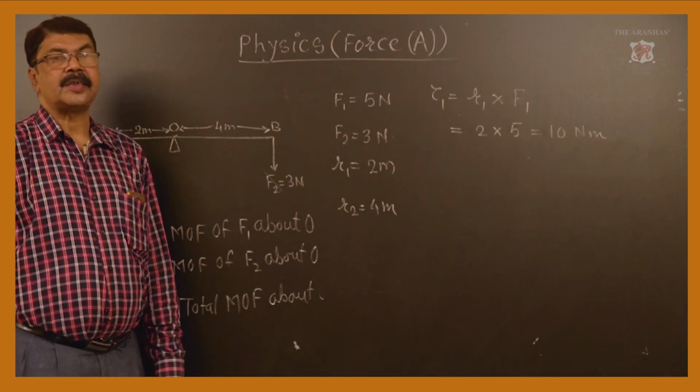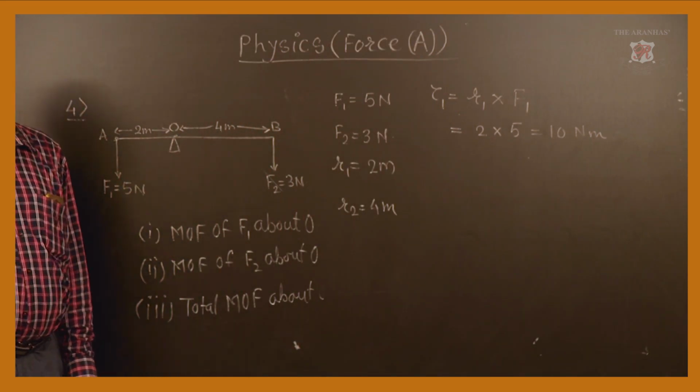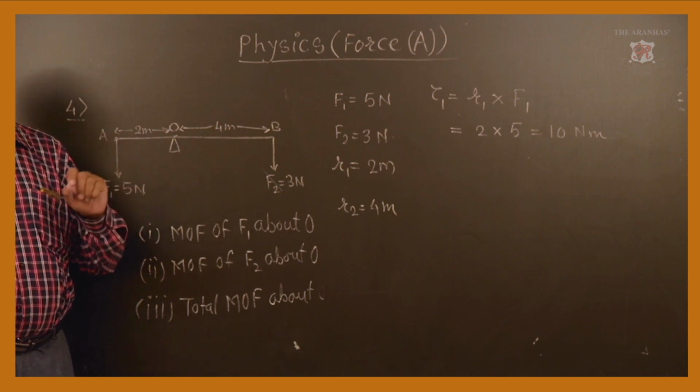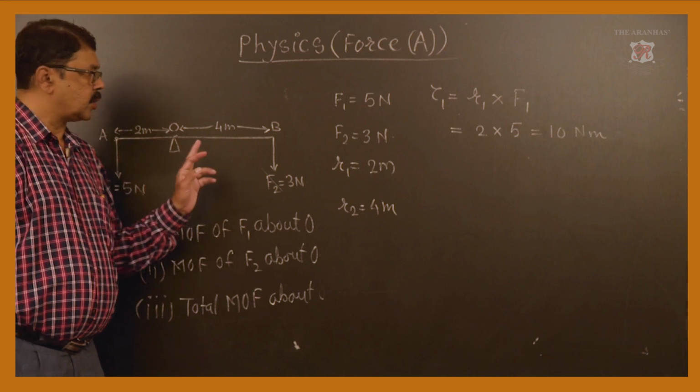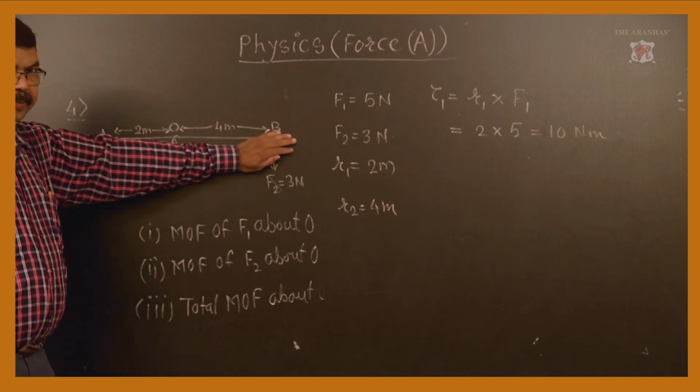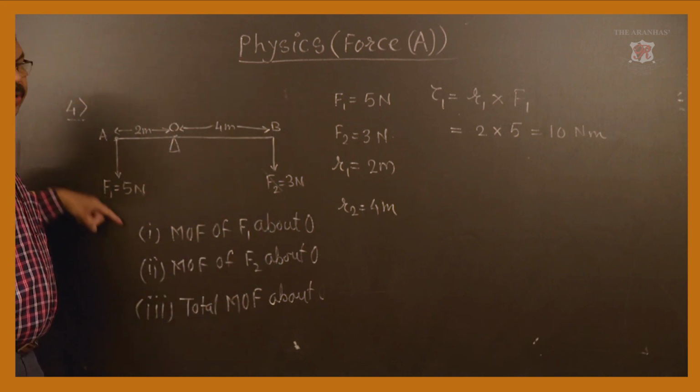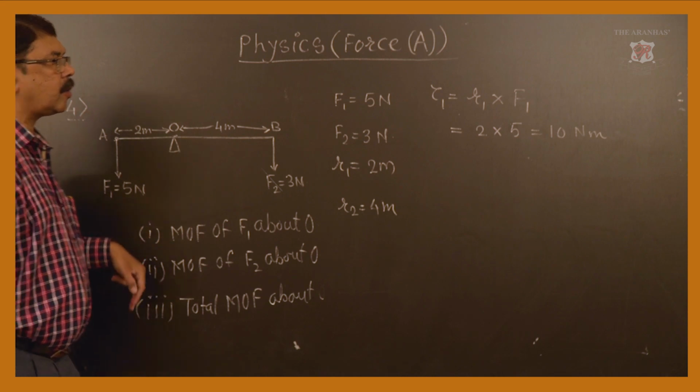Now, you have to specify the direction or the sense in which this moment of force is going to work. So, if this force is absent, how is the rod going to rotate? It will rotate this way, which is opposite to the arms of the clock, which is anti-clockwise.